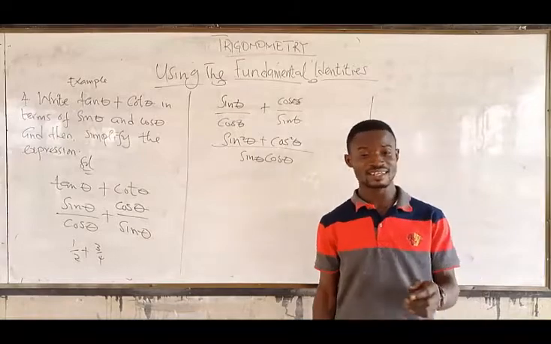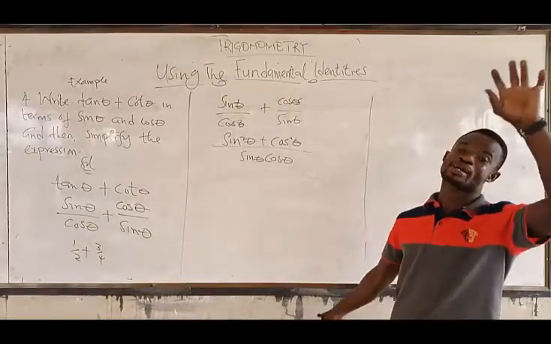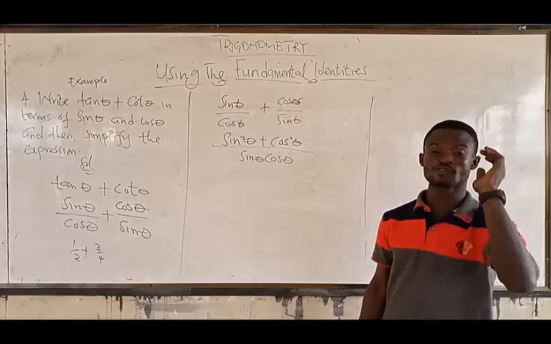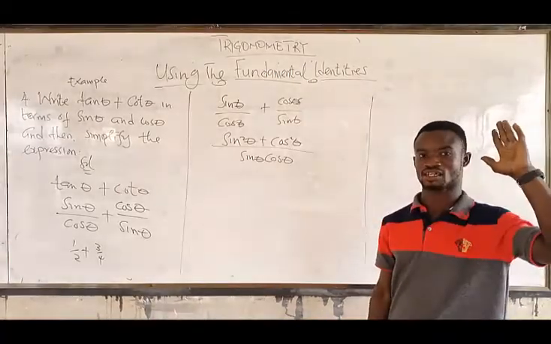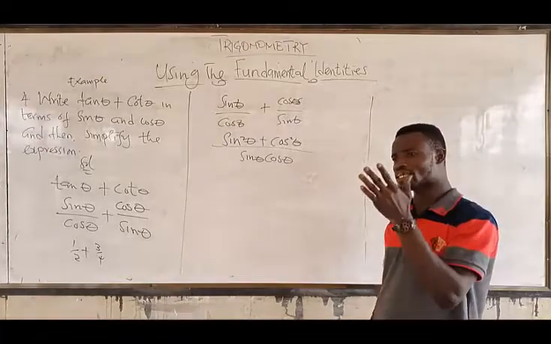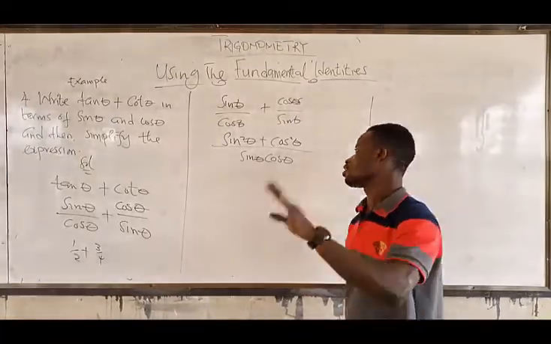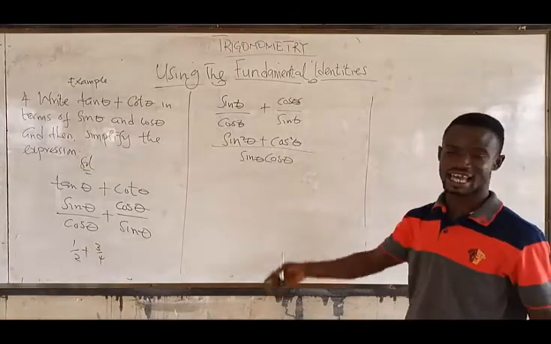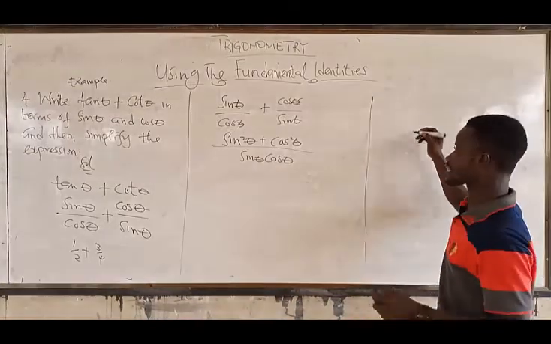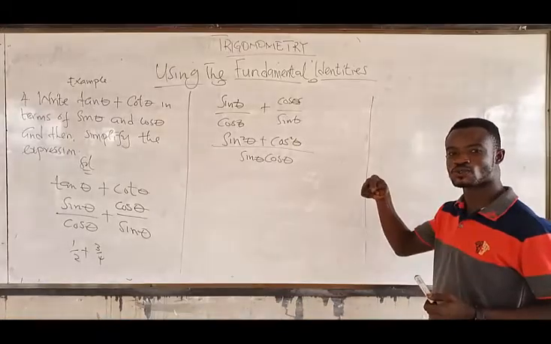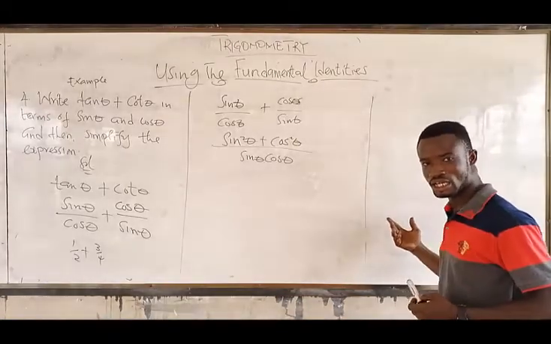In fact, in case you have forgotten all the fundamental identities, please go back and revise. As I said, you have to know all of them offhand. Because the moment you see the left-hand side of it, you have to recognize the right-hand side of it. Because from the particular identity, we know that sin square theta plus cos square theta is equal to 1.